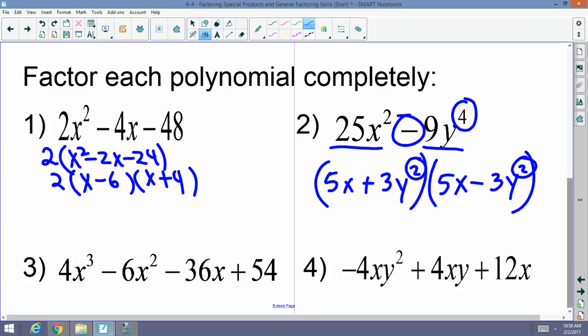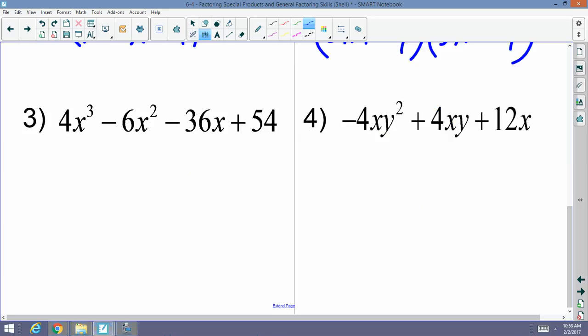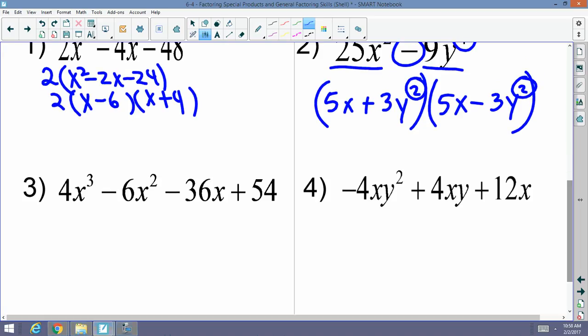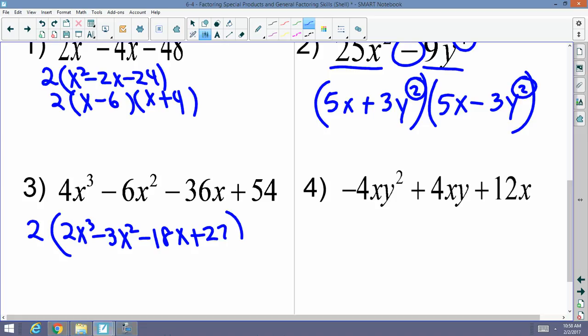Number 3. What do you think I would do first here? Pull the GCF out. Heck yeah. What's my GCF here, brothers? 2. So then I have 2x cubed minus 3x squared minus 18x plus 27. Now I got 4 terms, so what do I got to do? Group. Keep that GCF, y'all.